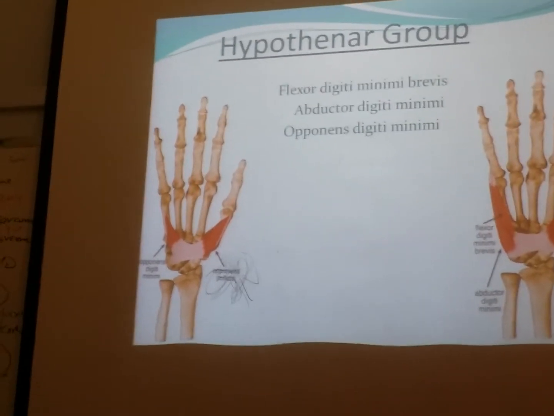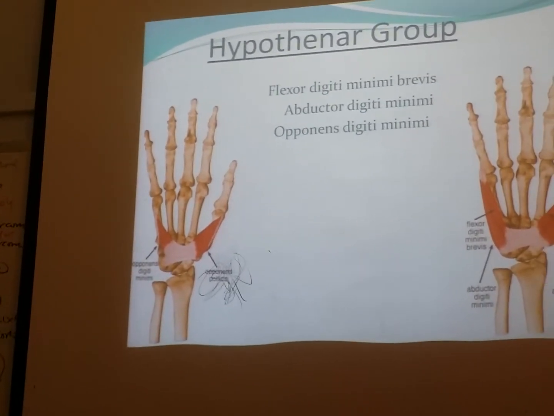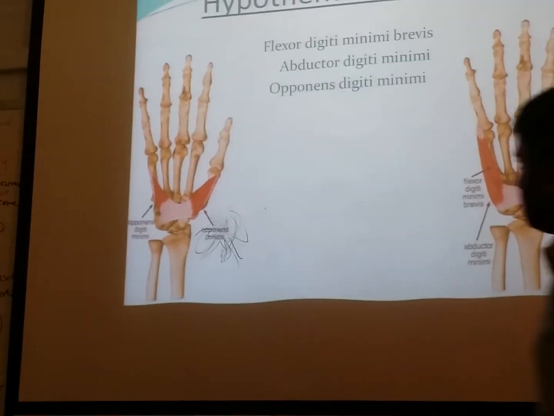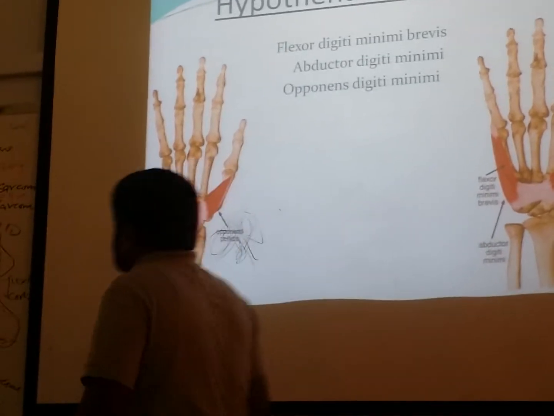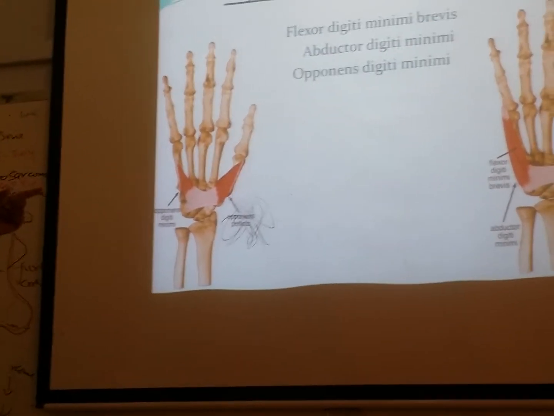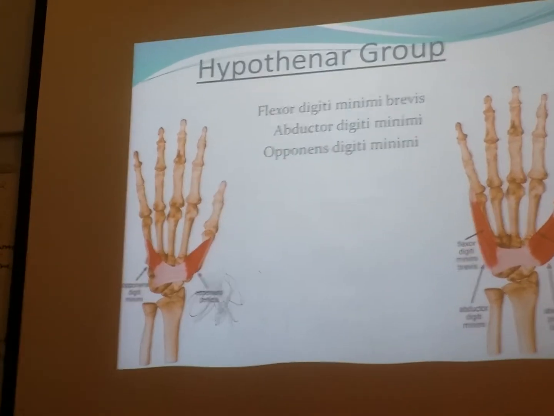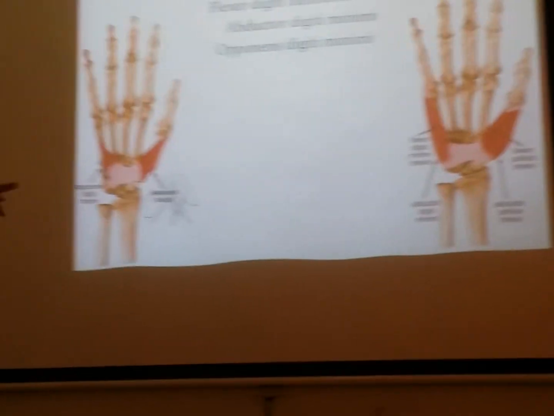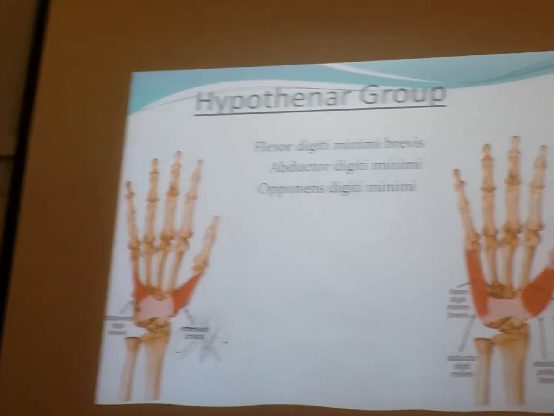Flexor digiti minimi brevis, because you have flexor digiti minimi also from the forearm, okay. And then abductor digiti minimi, and then opponens digiti minimi. No adductor. Keep in mind, no adductor for the little finger. It's only there for thumb, that is pollicis. These are the three muscles.